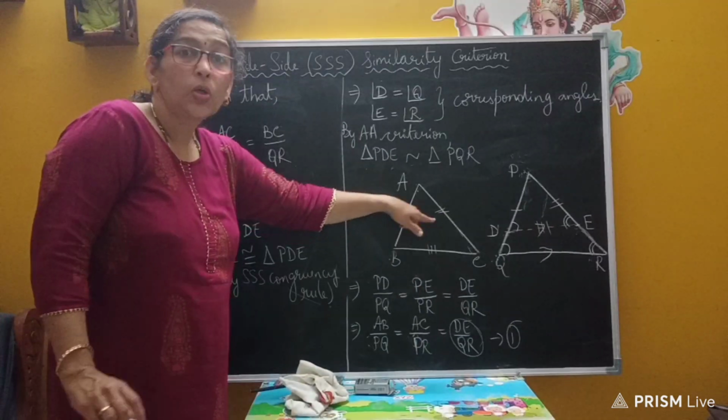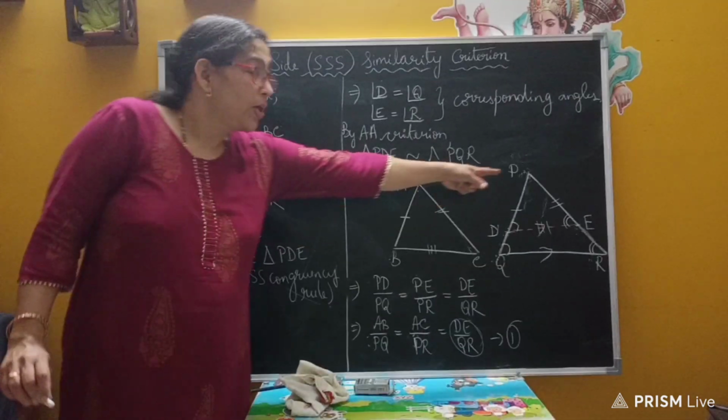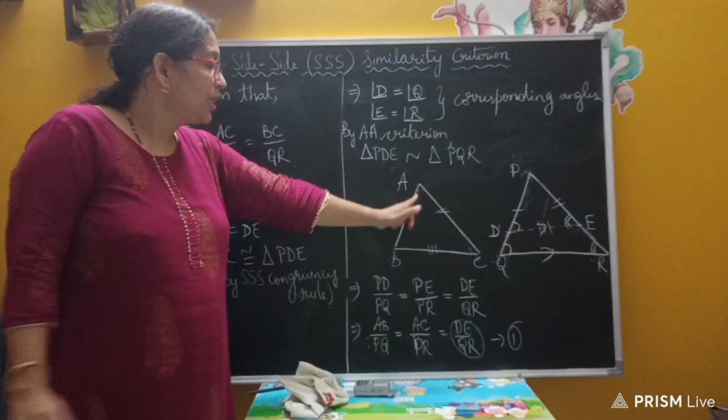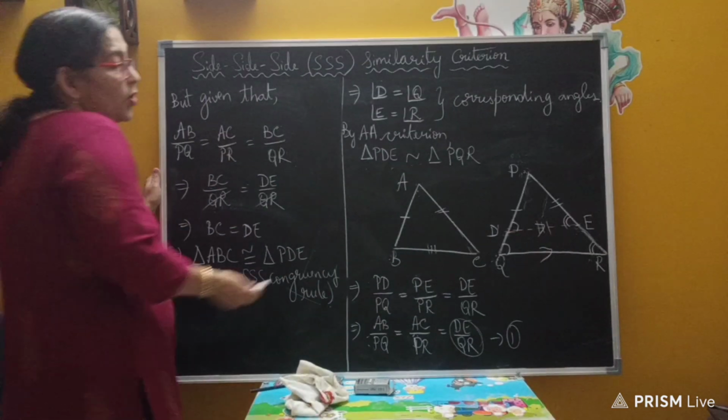Once we have proved congruency of the triangles, corresponding angles are also equal. We have proved corresponding sides are equal. Which are the corresponding angles?